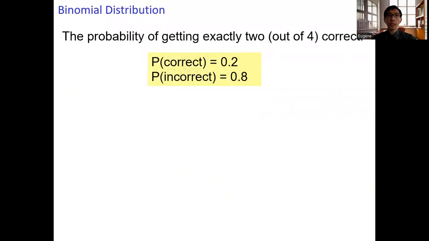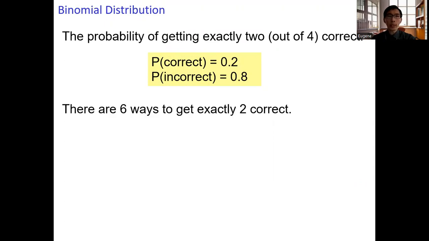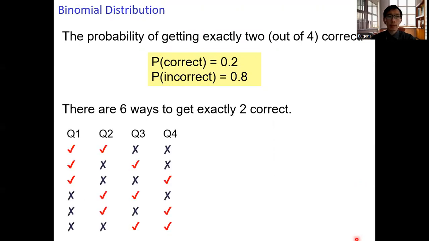What is the probability of getting exactly 2 out of 4 questions correct? There are altogether 6 ways to get exactly 2 questions correct out of 4. We can have question 1 and question 2 correct, and question 3 and question 4 incorrect.